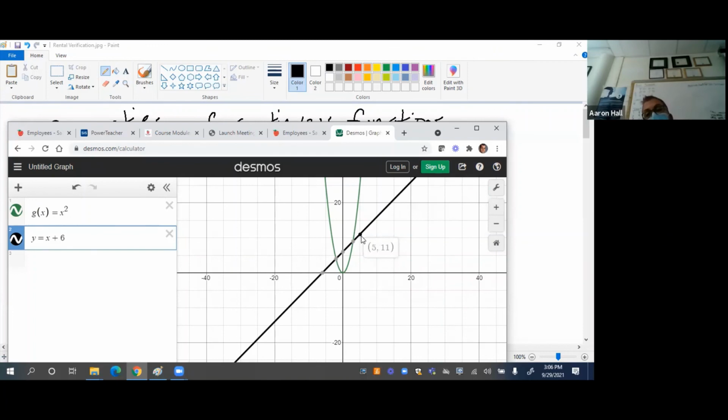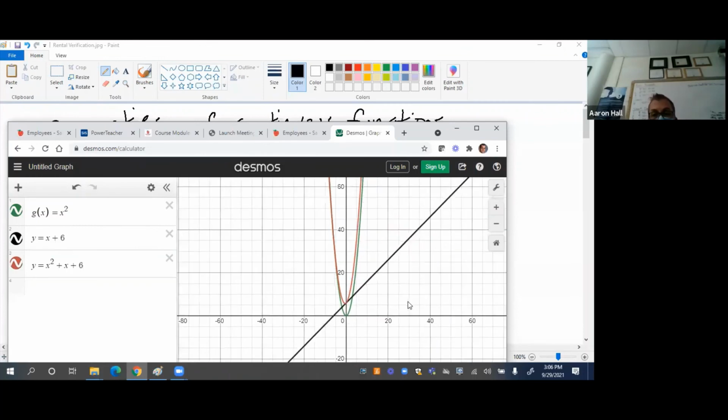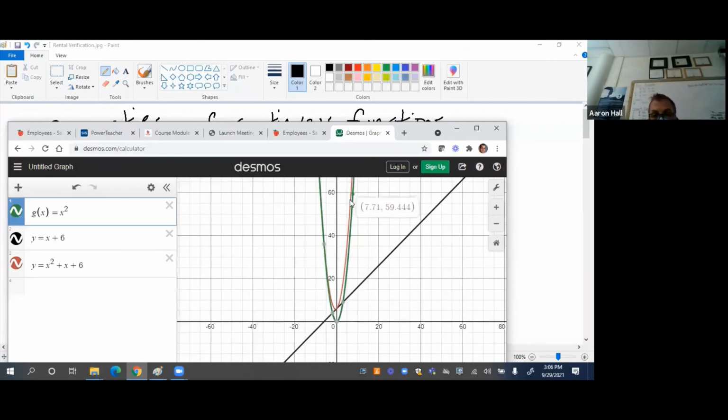Because they're both continuous at x equals 5, if I add these 2 functions together, that gives me y equals x squared plus x plus 6, which is also continuous when x equals 5.